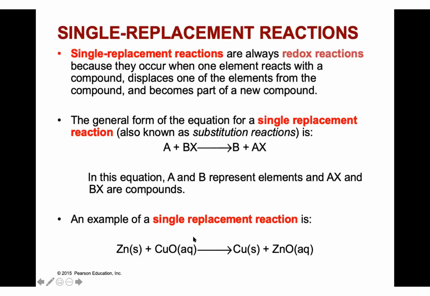Then when they combine with the compound, which has cation and anion, this Cu switches with zinc. So Cu here is gonna be alone and zinc is gonna be with oxygen, zinc oxide. This is the example of single replacement. Another name of single replacement is single displacement.